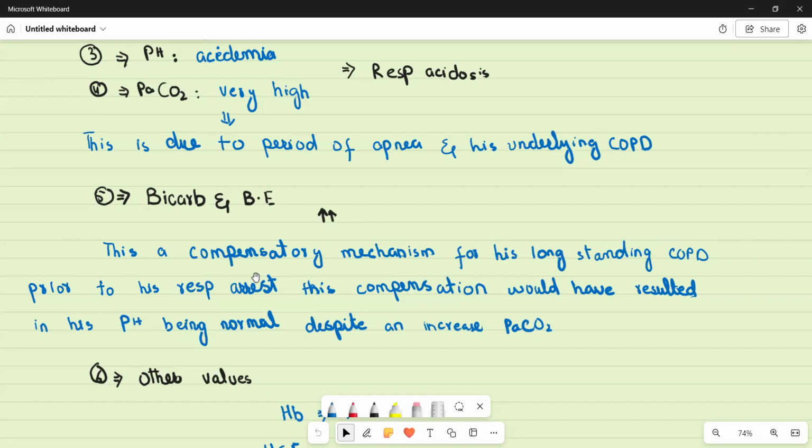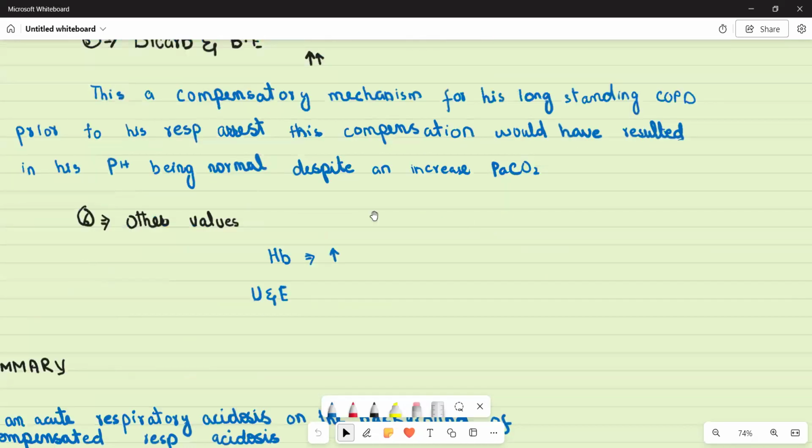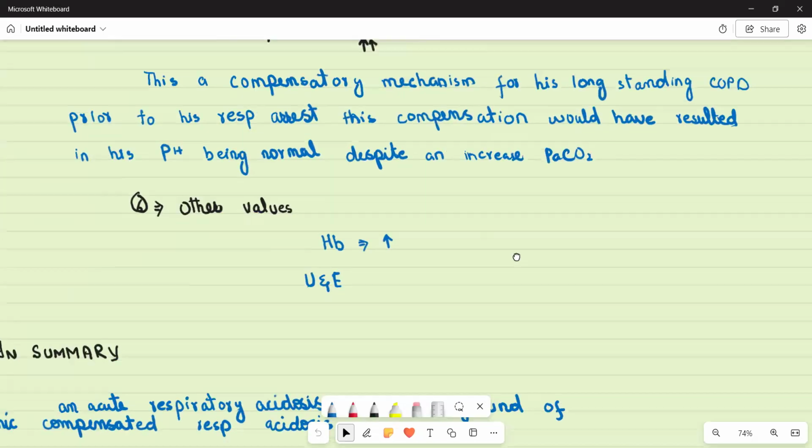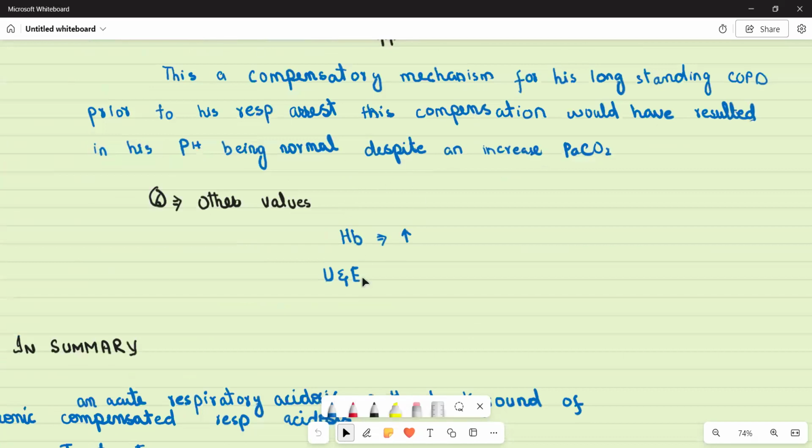So now the compensatory mechanism has failed. This level of bicarb is not able to compensate for the effect of this additional level of CO2 in the blood. So that's why you are seeing a drop in the pH. Other values to consider will be, as usual, hemoglobin level, glucose level, and urea and electrolytes. However, in this patient, you will be expecting an elevated level of hemoglobin because he is a COPD patient.